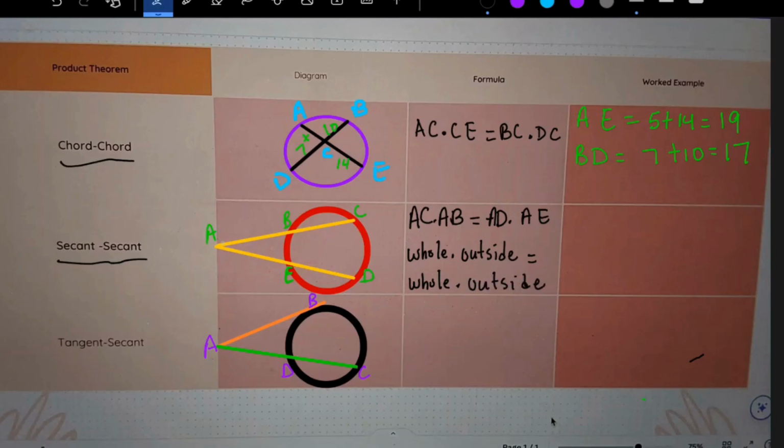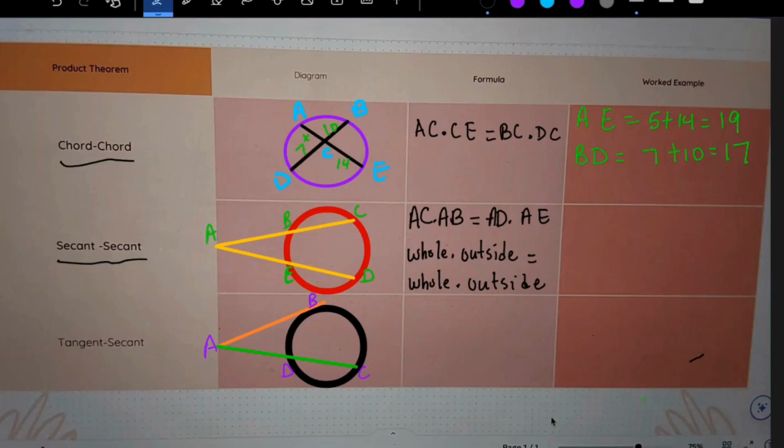So my whole is AC, and I'm going to multiply it by what AB is, and then the whole on the other side is AD multiplied by AE.